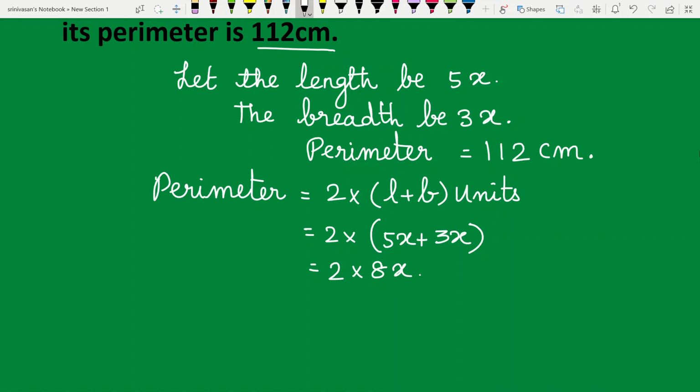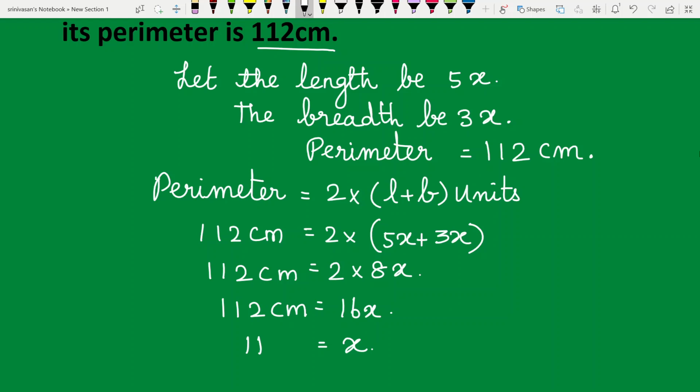Now multiply 2 into 8, it is 16x. And in the question, the perimeter is given, right? It is 112 centimeter. So 112 centimeter equals 16x. We are going to find out the value of x. So here the 16 becomes divide by 16. 112 divided by 16.